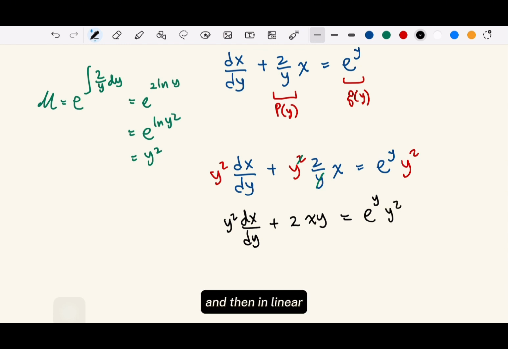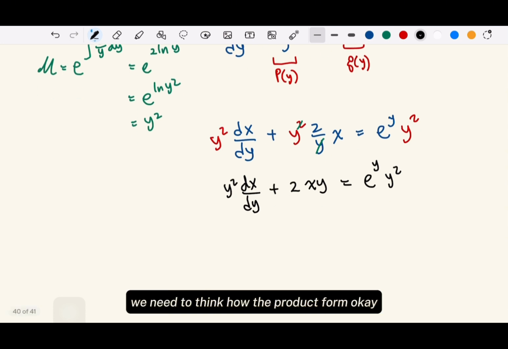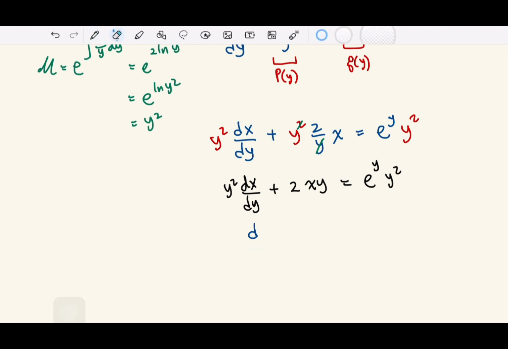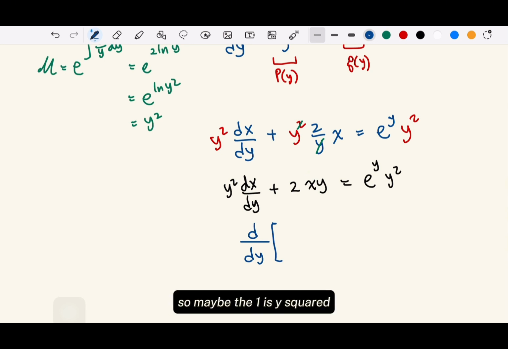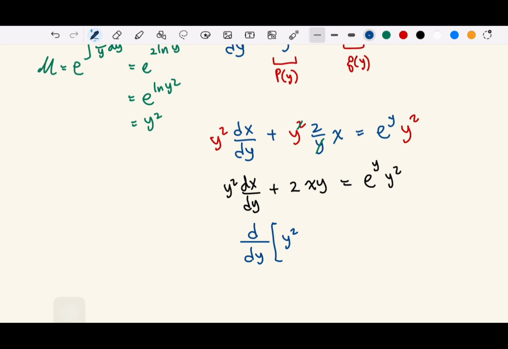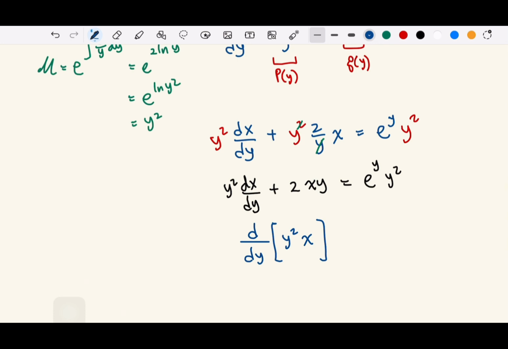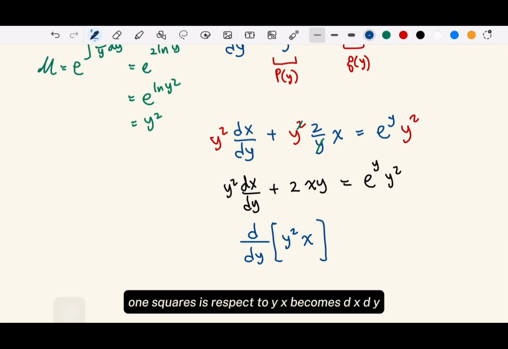And then in linear, we need to think how the product form works. Now it's not the derivative of x, it's the derivative of y. So maybe one is y squared, and the other one is just x, right? So if we take the product rule, y squared with respect to y, x becomes dx/dy.